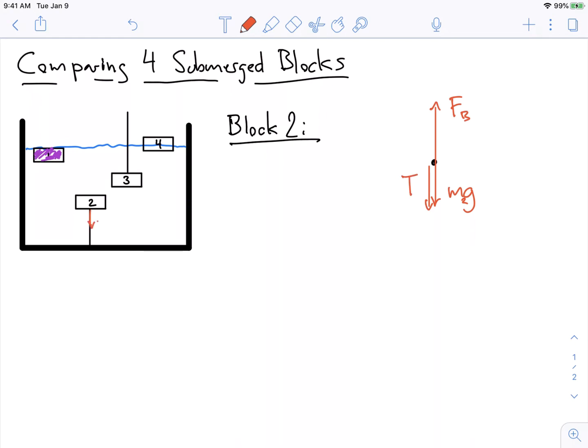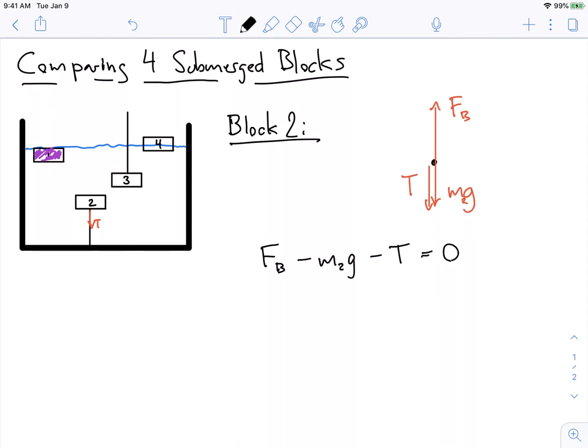This rope is pulling down with some tension. Let's write out the balance of forces. We have the buoyancy force going up, m2g going down, and the tension going down, and this should be equal to 0.